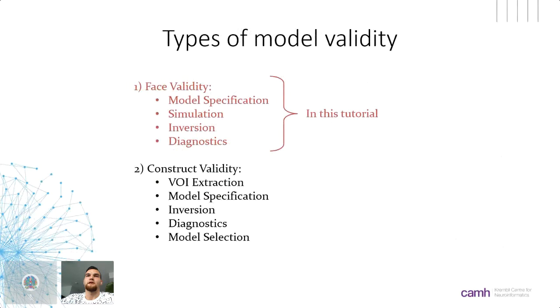So this exercise can help us to establish some kind of face validity of the models. It allows us to test certain assumptions or certain constraints that we need for our experiment to be able to find the model that actually produced the data.